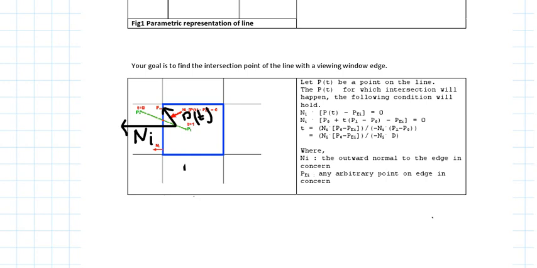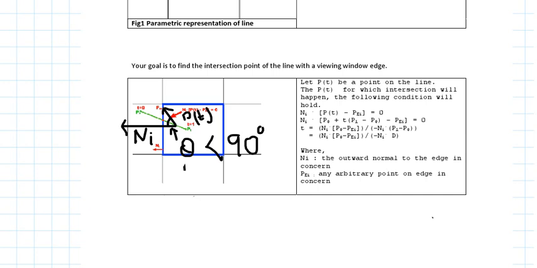Now just observe the angle between these two vectors. Now you can see that this angle is less than 90 degrees. If the point is inside your clipping window, the angle between the two vectors is less than 90 degrees.